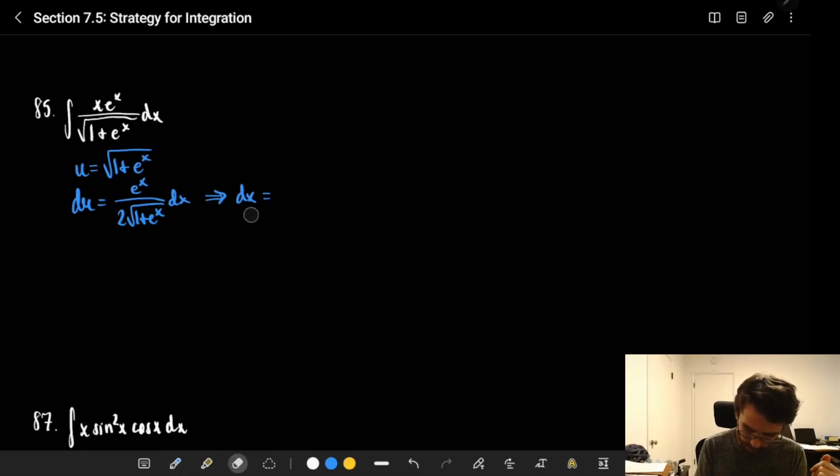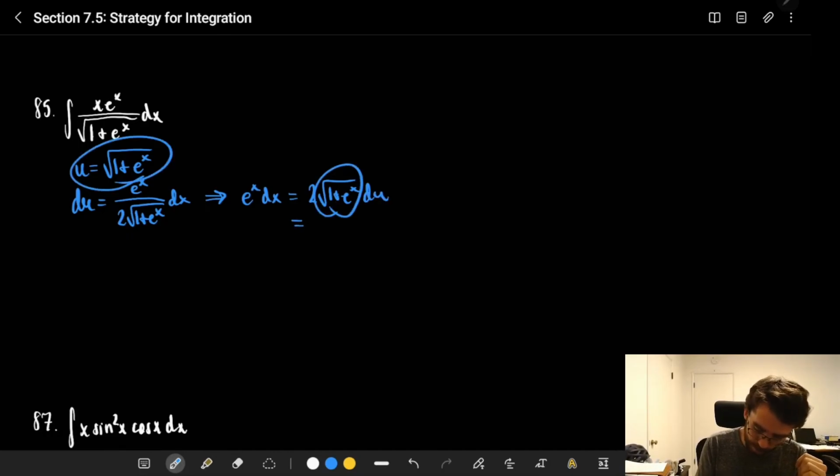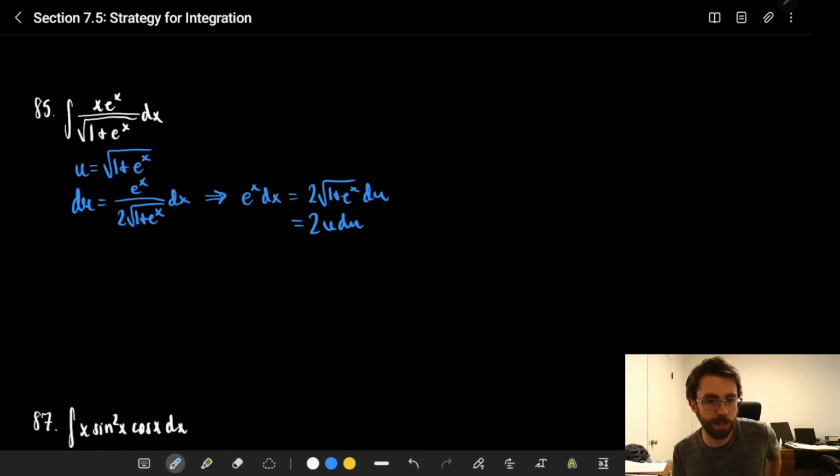Solve for e to the x dx. We got an e to the x dx here. We want it in terms of u. So e to the x dx is just 2, yeah, it works, 1 plus e to the x under a square root du, but that square root is u. So la-di-da, that sort of always happens with these problems.